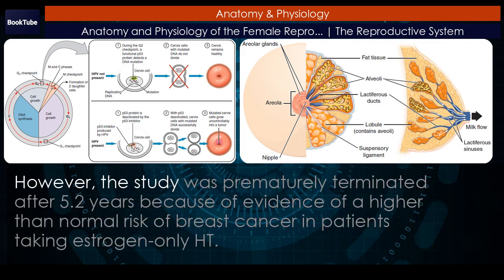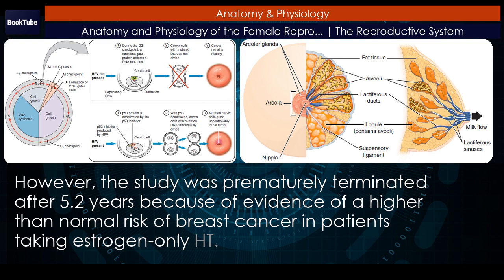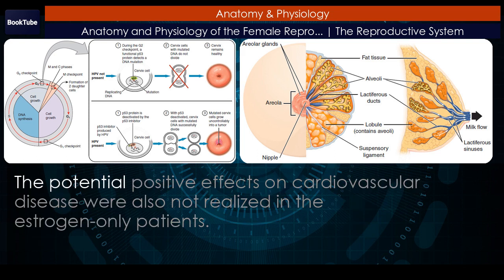However, the study was prematurely terminated after 5.2 years because of evidence of a higher than normal risk of breast cancer in patients taking estrogen-only HT. The potential positive effects on cardiovascular disease were also not realized in the estrogen-only patients.